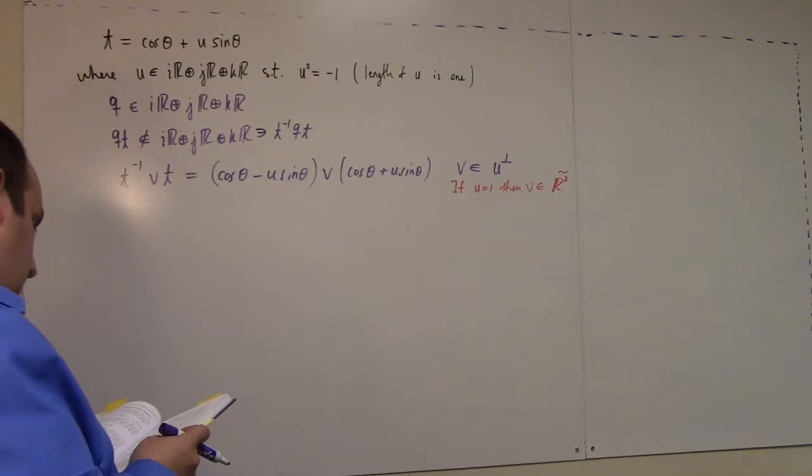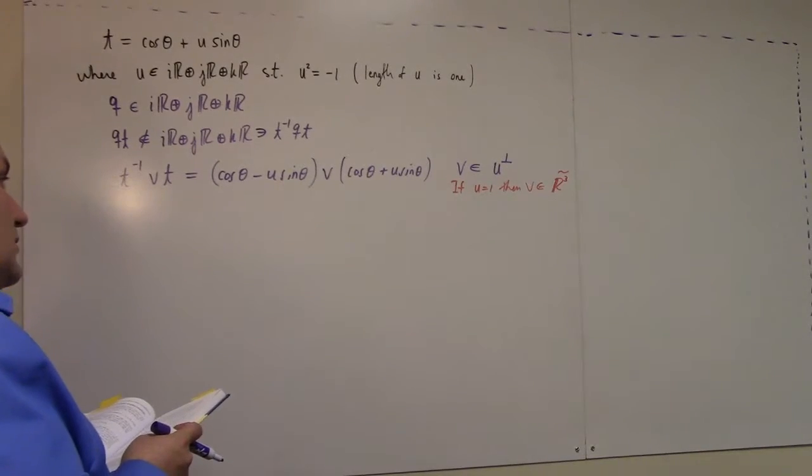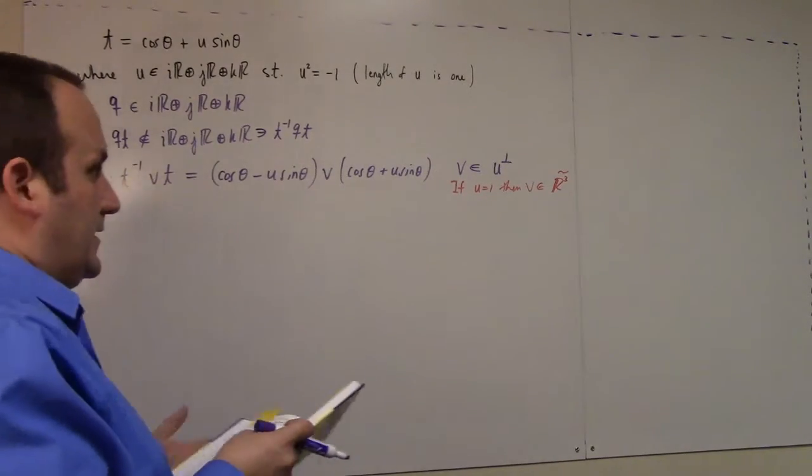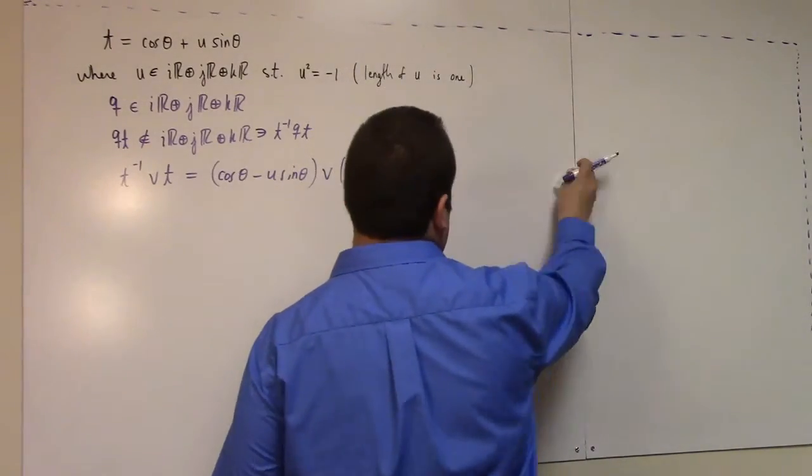Let's see here, and choose a unit vector V. Oh, you're saying V. Yeah, and U is in IR plus JR plus KR. You're right.